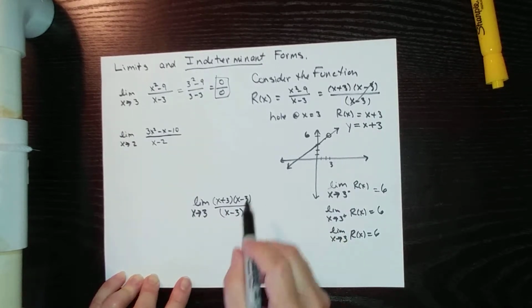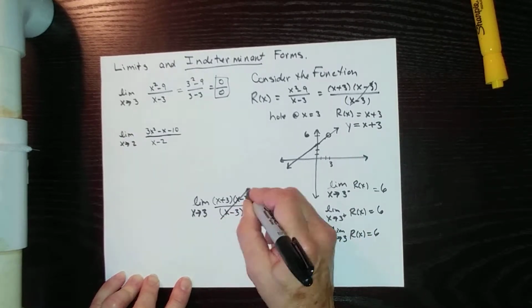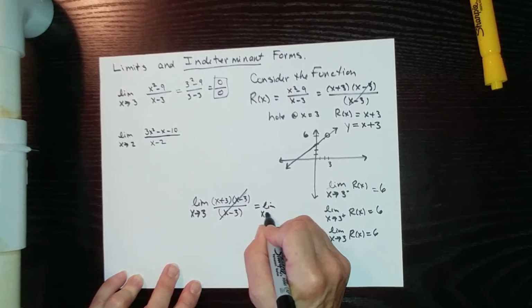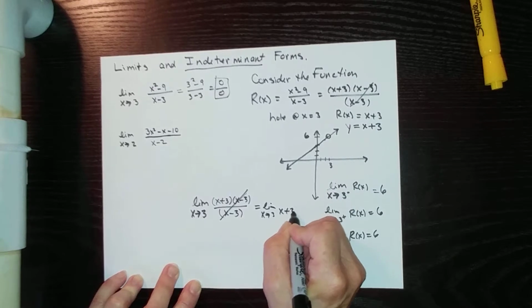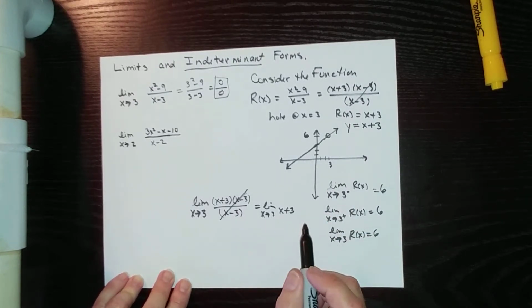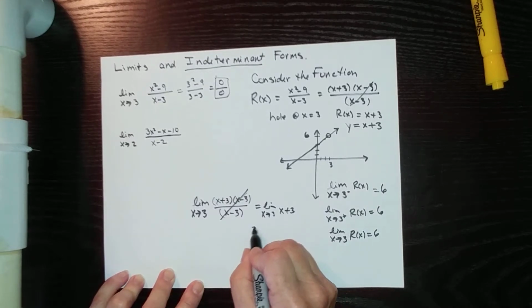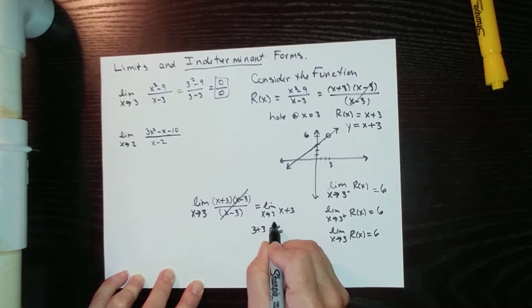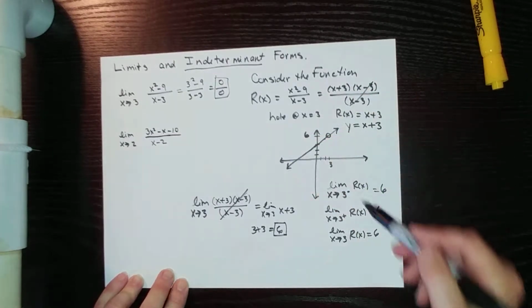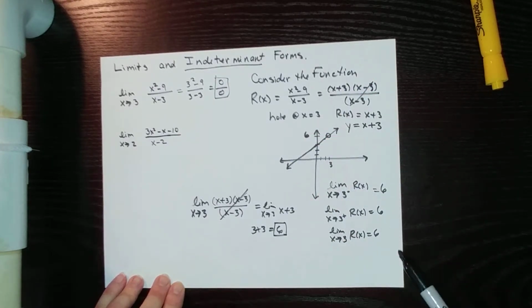And we see that we can cancel that. Now we are left with the limit as x goes to 3 of x plus 3. And now when we plug in the 3, we do not get an indeterminate form. We get 3 plus 3, which is 6, and that is your limit. And you do not have to do all this graphing. I was just trying to explain how that works.